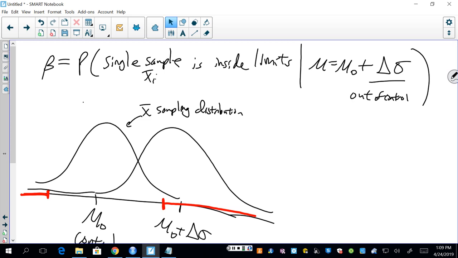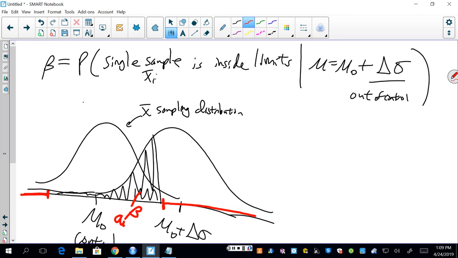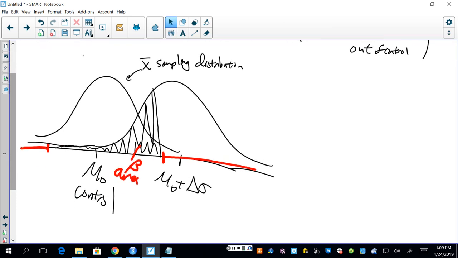The chance we're inside the limits under this hypothesis is this area, and that shaded area there is our beta. Generally we want that to be small, so that if things do break, we have a low probability of missing it.